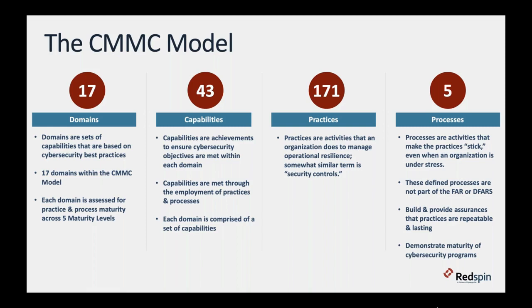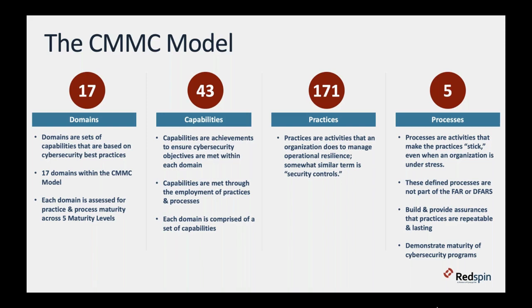We won't go into detail here, but we'll discuss the four major components of the CMMC model, which are domains, capabilities, practices, and processes, along with this concept called maturity, which gives CMMC its unique flavor. We'll go into detail about that. Quickly, domains: there are sets of capabilities that are based on cybersecurity best practices.